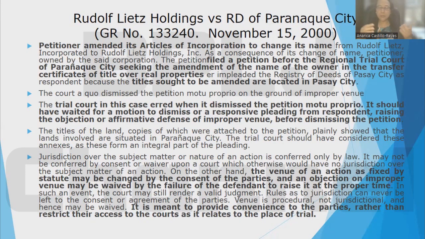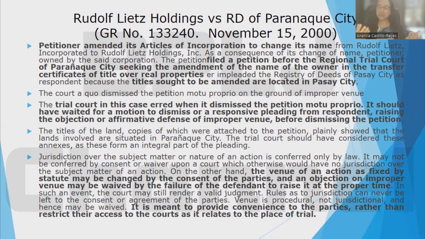And if there is no objection on the part of the other party, it means that he is also amenable to having the case tried in that court, even if it is not the place which is provided under the rules where it should be filed.